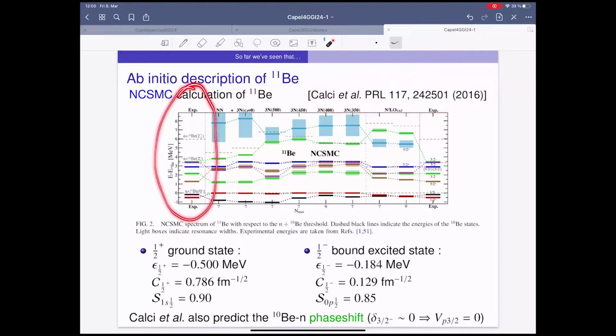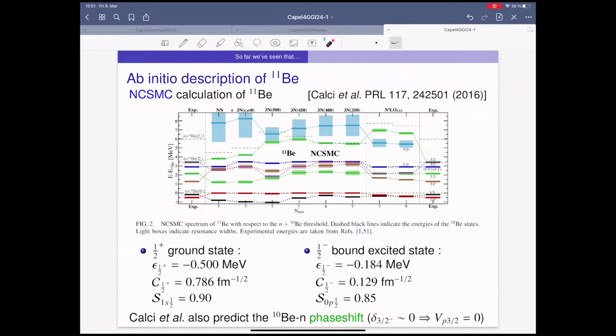This is the experimental spectrum with this famous shell inversion that I've mentioned before, and they use different interactions. With just the nucleon-nucleon interaction, you do not reproduce the shell inversion. You add a three-body force with different kinds of regulators, and you see you have a small influence. And then what they did in the end is use this N2LO SAT interaction.